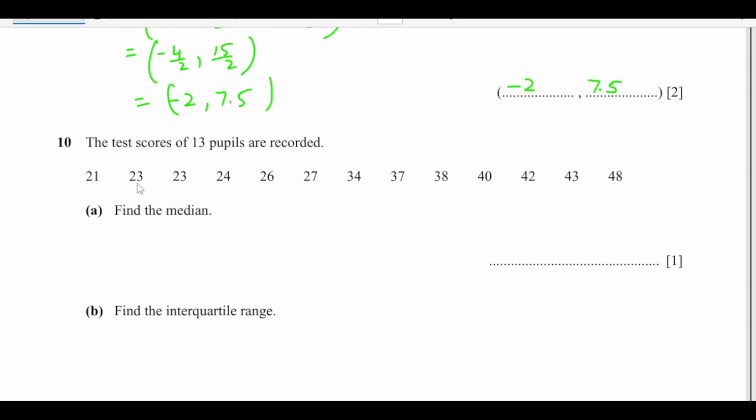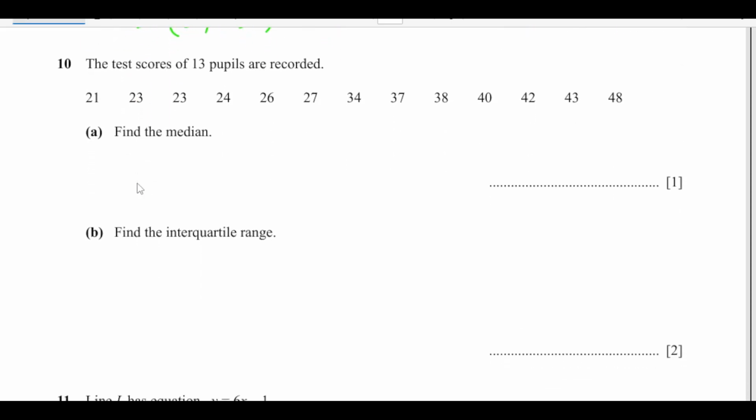Now number 10, the test scores of 13 people are recorded. So here is the test score. Find the median. So there are two ways to find the median. Either you cross out the numbers from the middle and find the middle value here. There are 13, so for an odd number you do 13 plus 1 over 2, that is the seventh value.